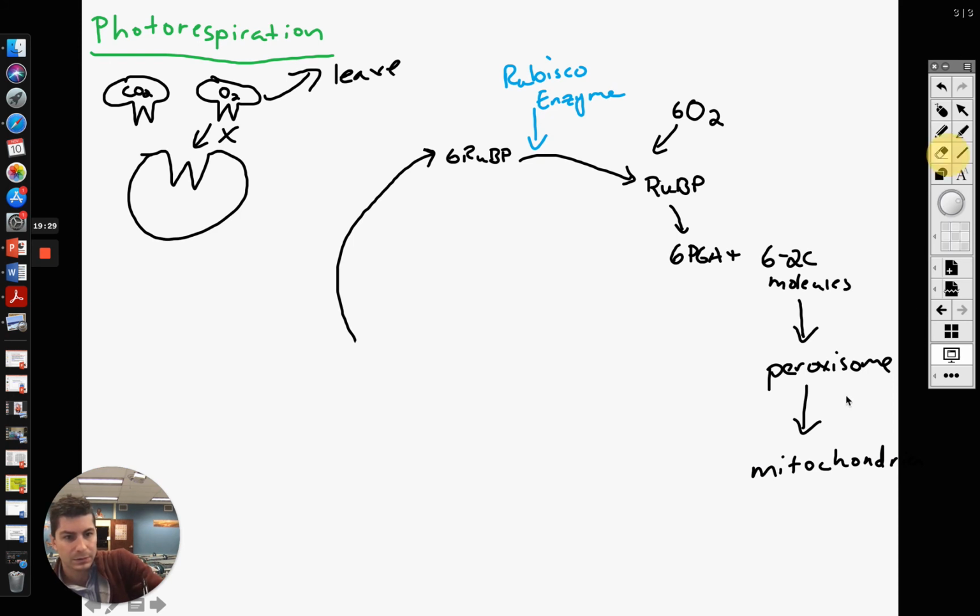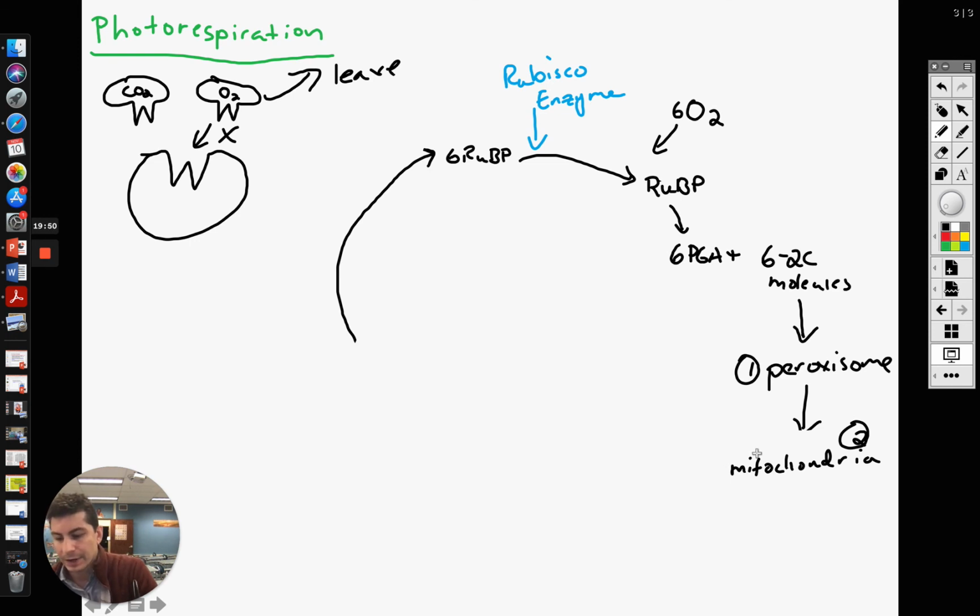Sorry guys, I ran out of space there. Peroxisome ships to the mitochondria. So it goes to the peroxisome, 1 organelle. Gets changed there. It goes to the mitochondria, which is our 2nd organelle.